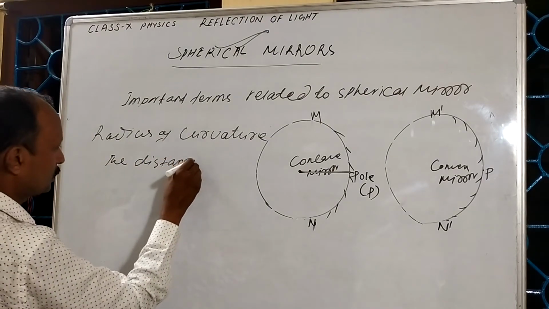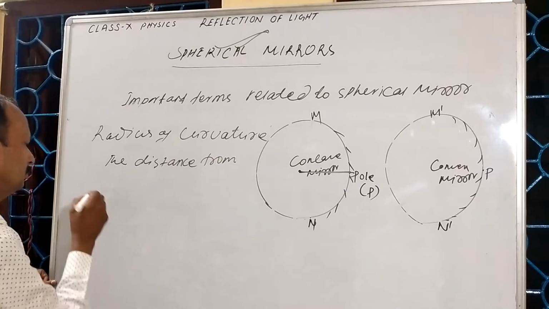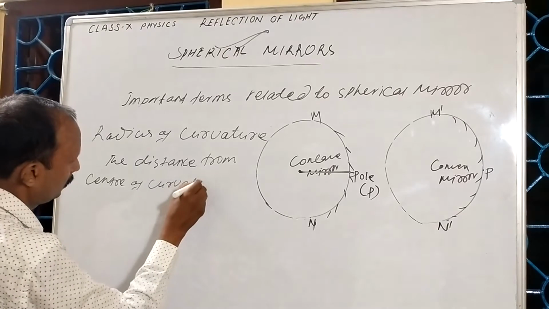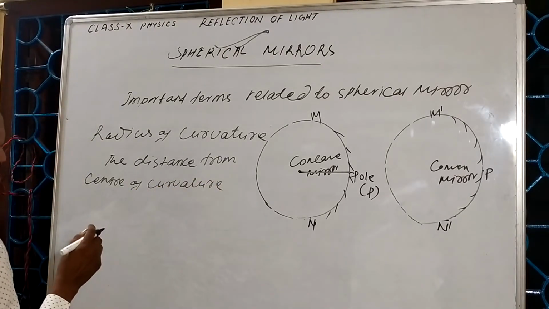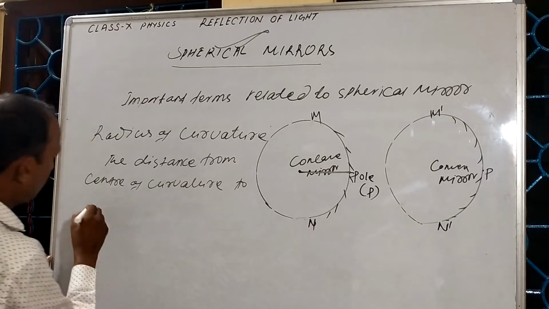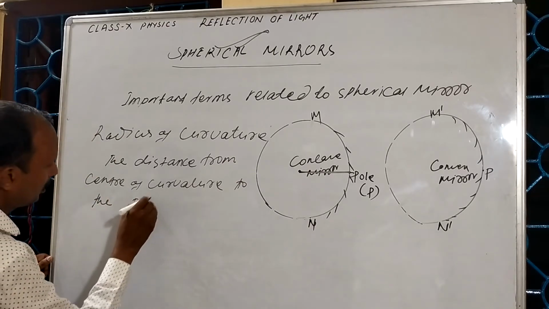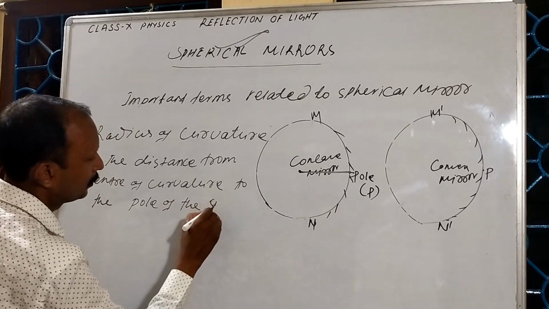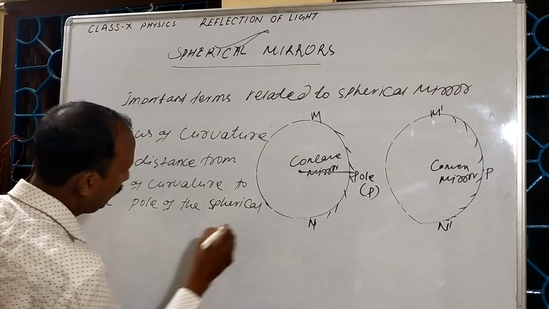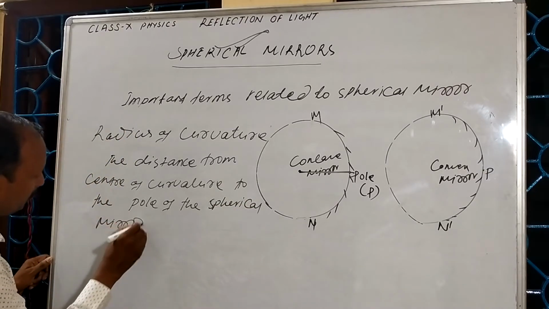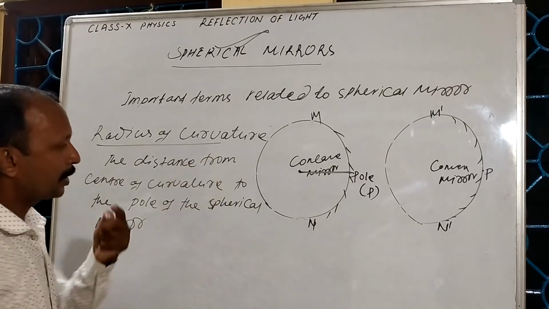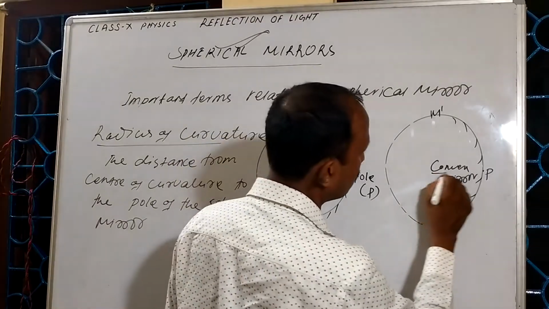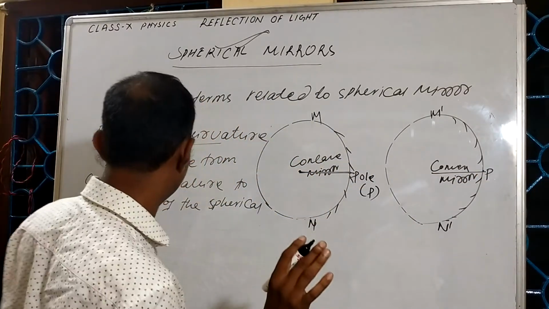The distance from center of curvature to the pole of the spherical mirror is called radius of curvature, whether it is the convex mirror or it is the concave mirror.